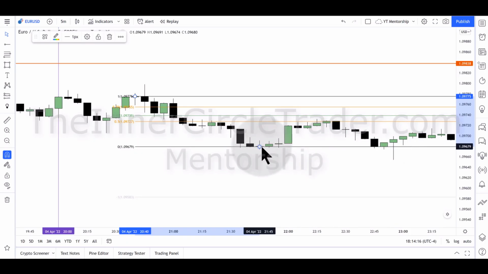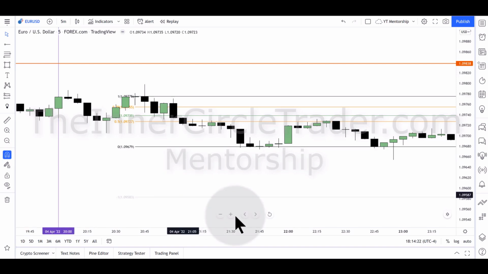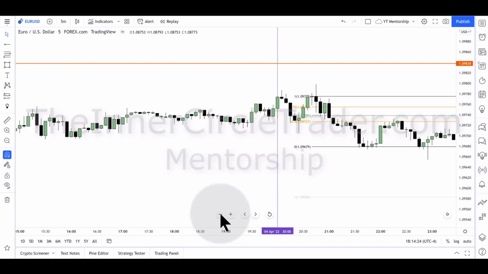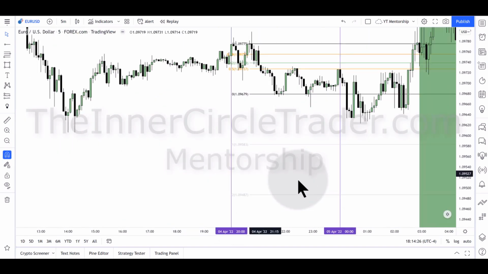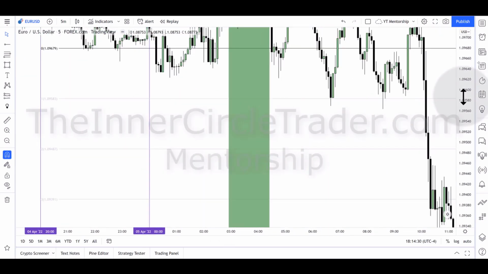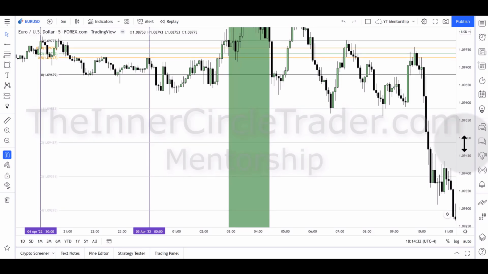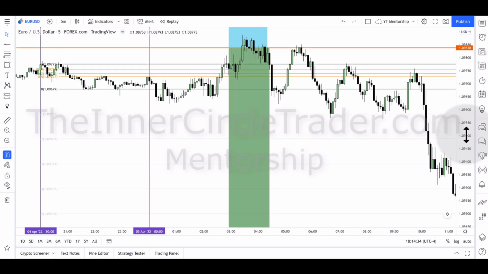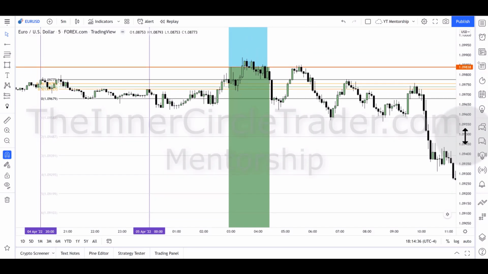Open 679, close 679. Okay, so that's the actual range. Now we can go back out and see if there's any standard deviation that lines up closest to that 100% projection in terms of the model, and a standard deviation that is within 5 pips.